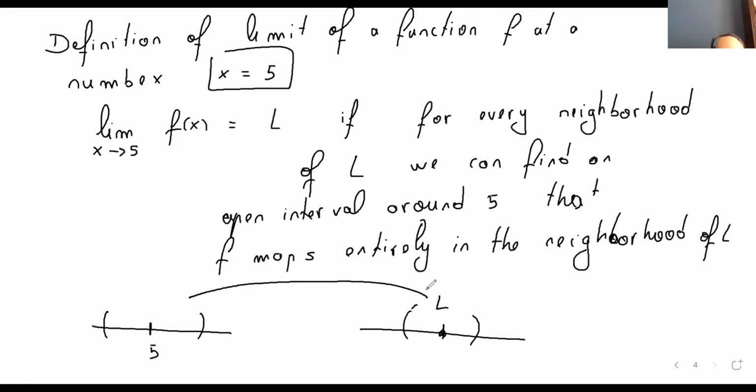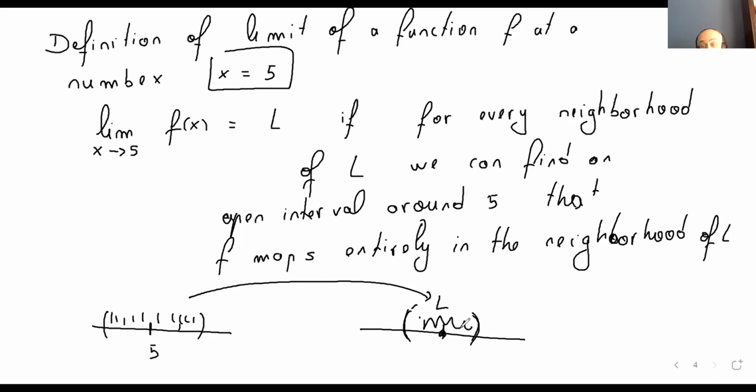What f does is it takes all the values from here and maps them inside this interval around L. So no matter how much I shrink this interval around L, I always find a smaller interval around 5 that is entirely mapped inside this small interval around L. So that's the intuitive idea of the notion of limit. The values of f are very, very close to L as the values of x are very close to 5. So that's the idea of a limit.